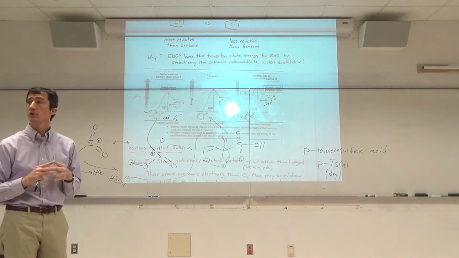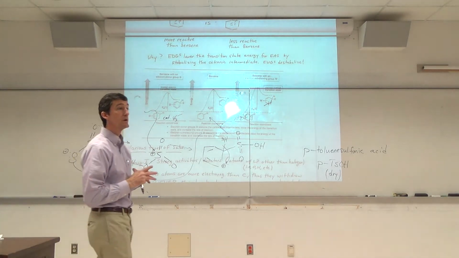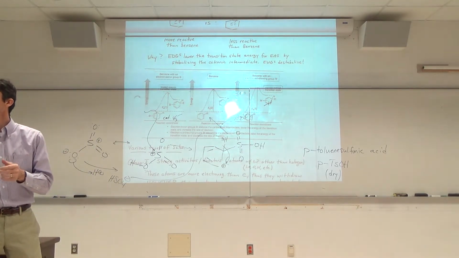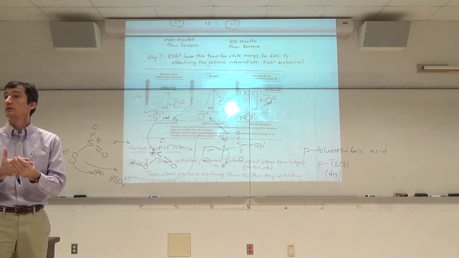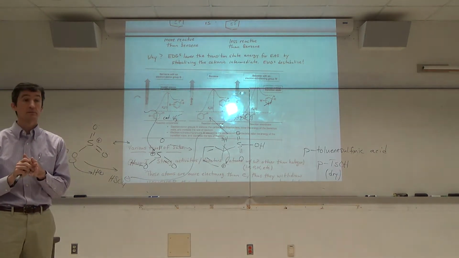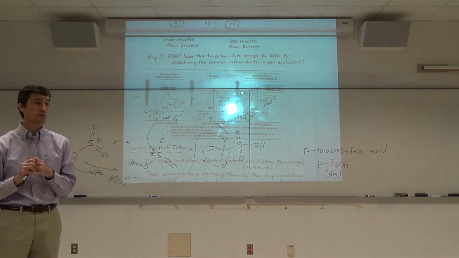What else could we try to put on a ring? We've already done halogen, nitrogen, sulfur. Oxygen, I just told you we can't really do. What else could we do possibly? You'll put a carbon on the ring? Yes. That's going to be called Friedel-Crafts chemistry, and there's a separate handout for that. We'll put carbons directly on the ring.